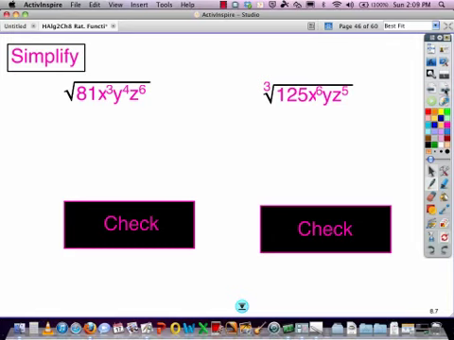So in breaking this down, some people like to say, and this is just a thinking step if you don't want to do too much writing, square root of 81 we know is a perfect square. So I'm just going to squiggle that. Then the x cubed is not a perfect square, but we need to think of it as an x squared times an x. That's where you use that one property of breaking it down. So you have one group that's a perfect square and one that's not.